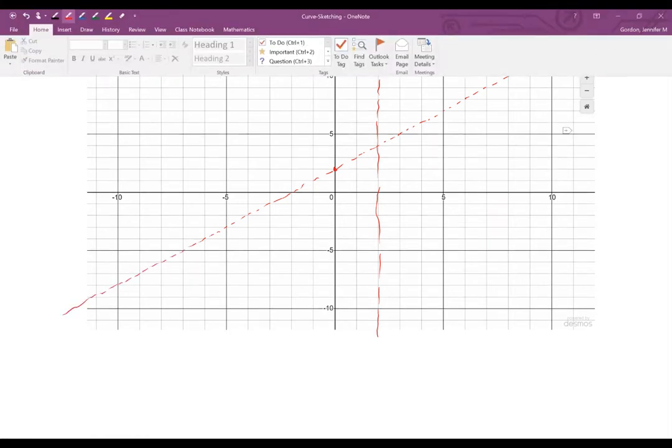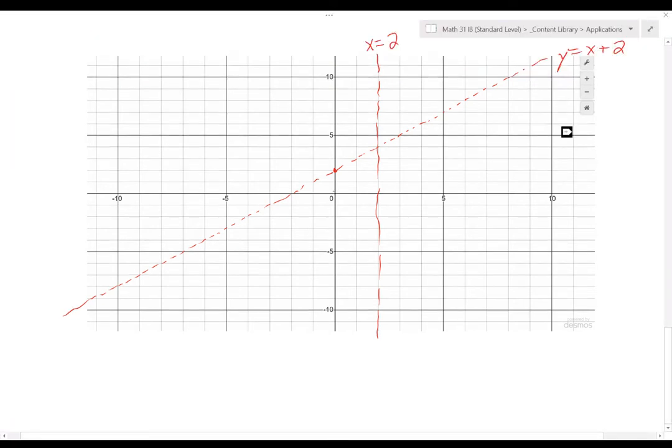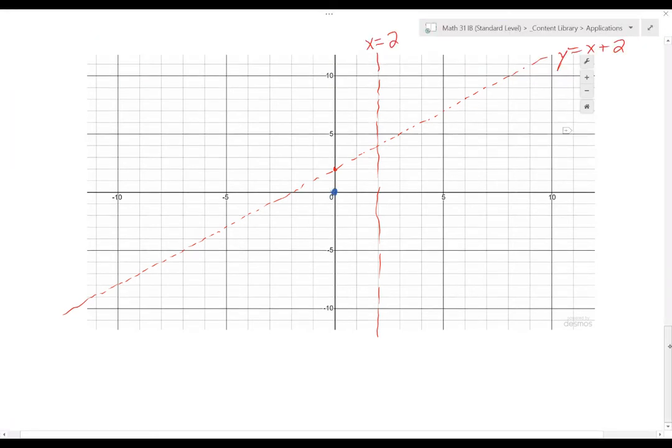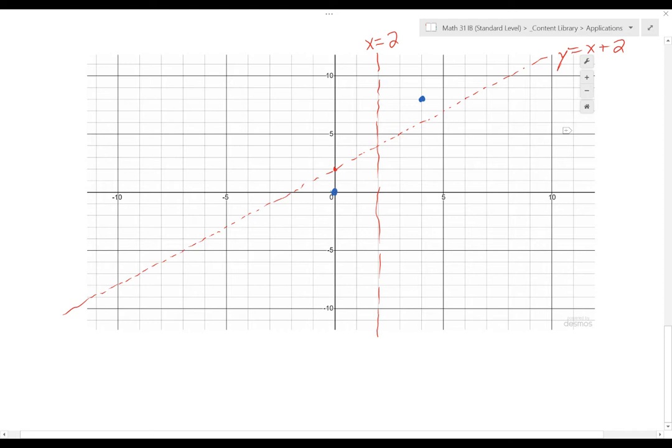I know I have a point at (0, 0). And I know I have a point at (4, 8). So (4, 8) goes here. Based on the fact that this function has to be approaching those asymptotes, that it is increasing up to 0, so something like that.